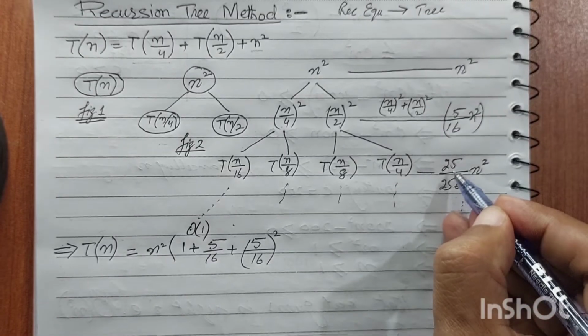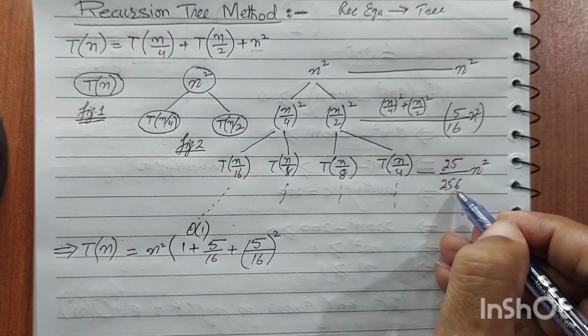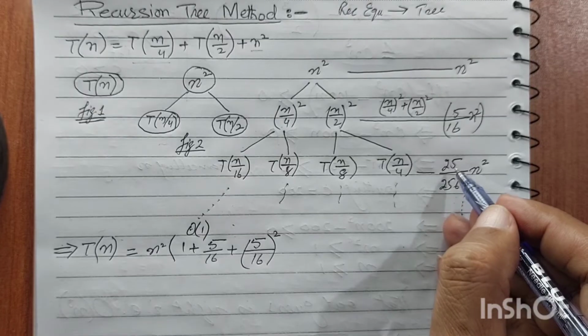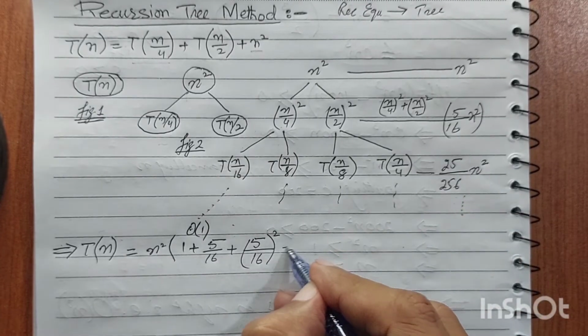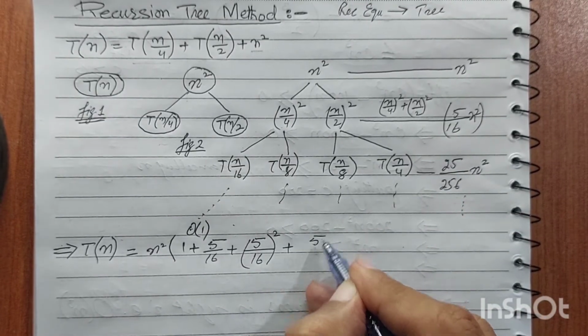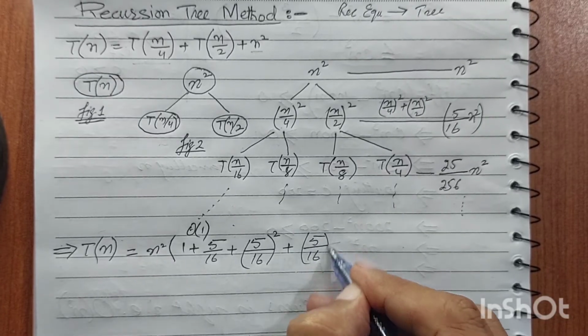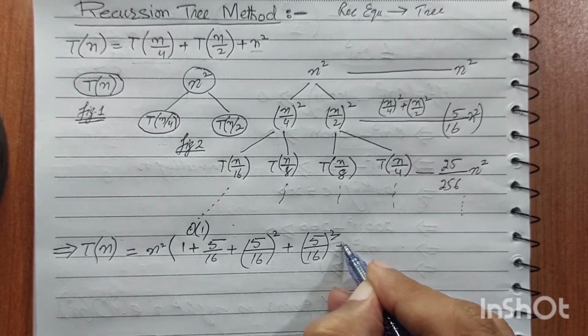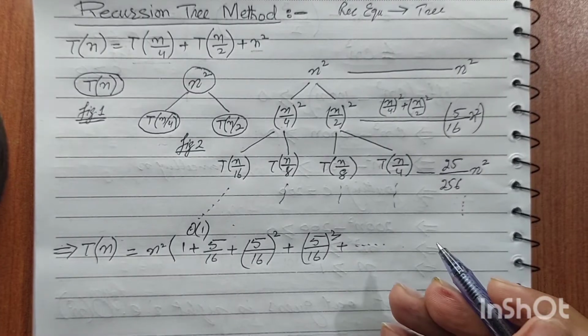So this is 5 by 16, 16 16s are 256, and 5 5s are 25, and next would be 5 by 16 whole cube plus so on.